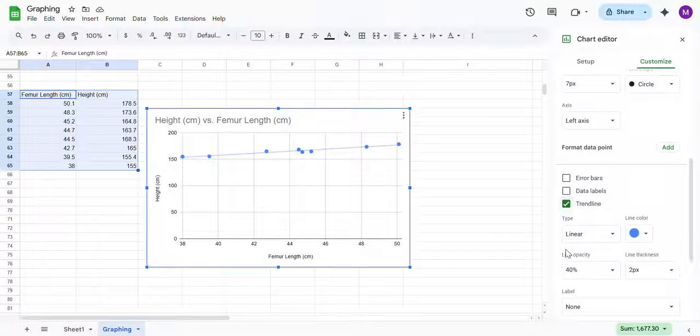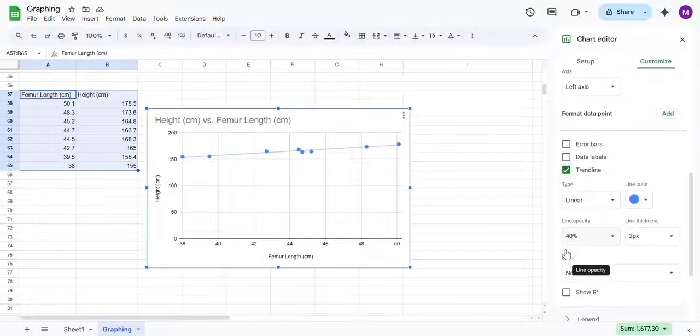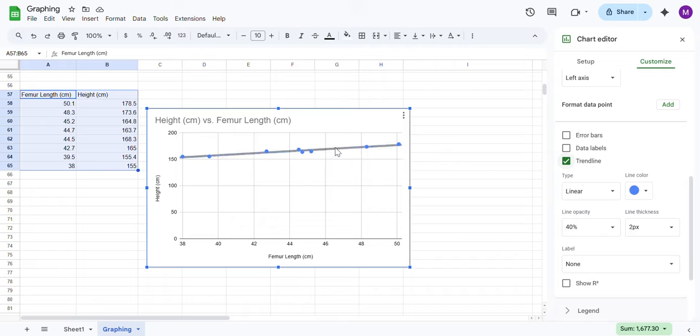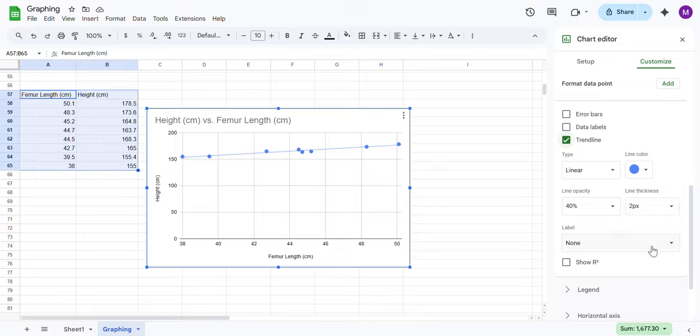To be able to use the line of best fit, you want to have the equation. So it's a linear line, which means it's going to be like a y equals mx plus or minus b formula. To find this formula, you want to go in the series, and it's still under trend line. You're going to hit the underneath label.